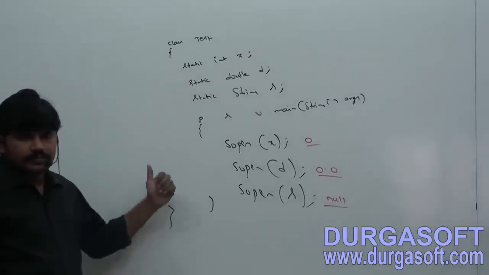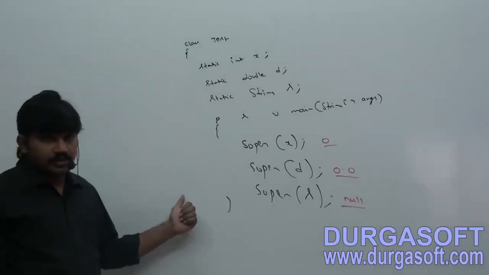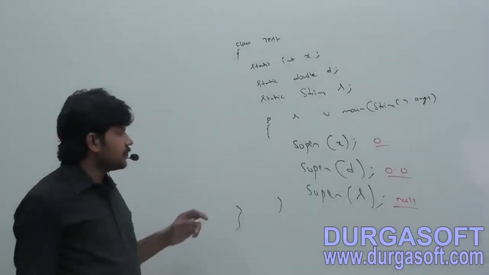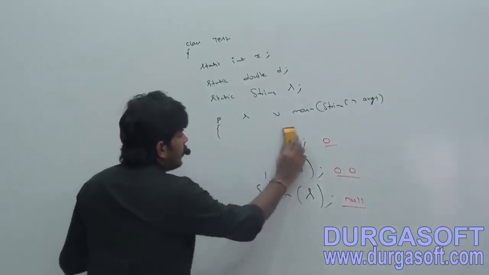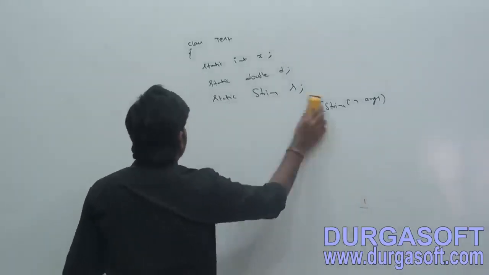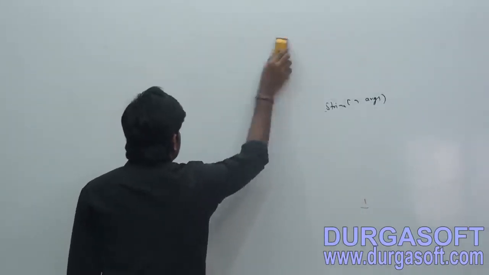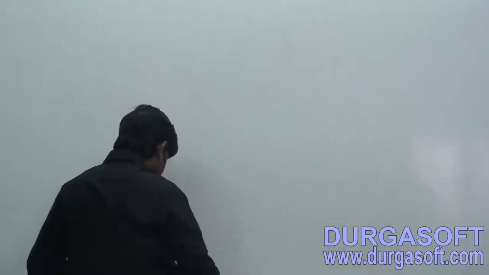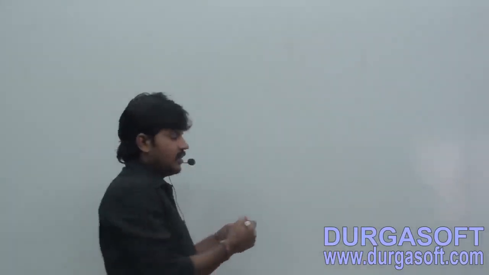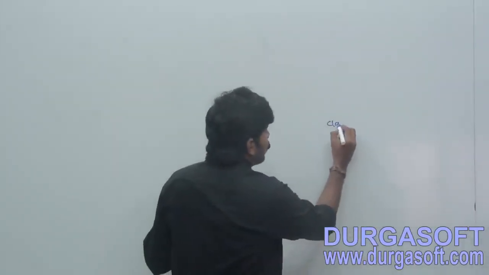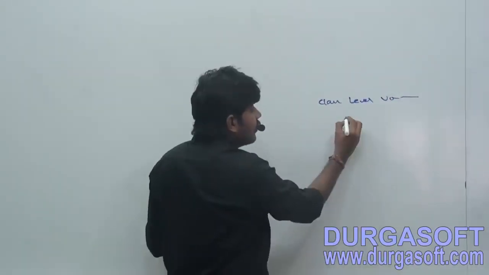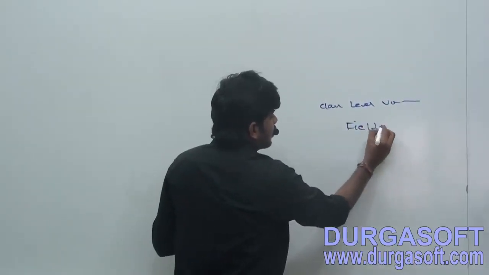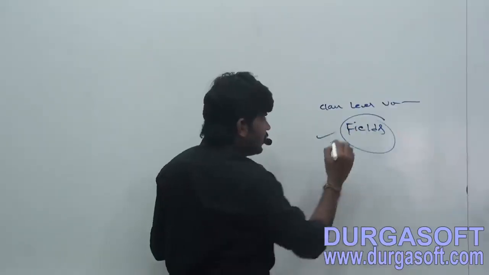Not required to keep much explanation, right? Next one. Last point: is there any other word for static variables? Static variables are also known as class level variables. Class level variables are fields.